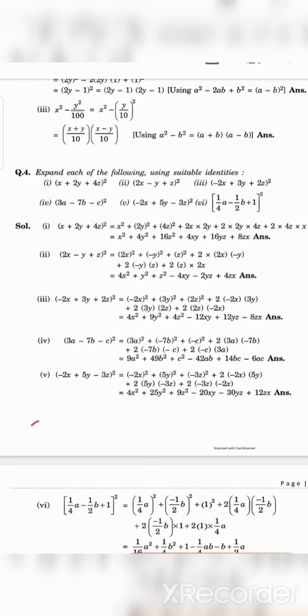Now comparing, we get a is equal to x, b is equal to 2y, and c is equal to 4z. Substituting all the values in the RHS of the identity, we write x square plus (2y) whole square plus (4z) whole square plus 2 into x into 2y plus 2 into 2y into 4z plus 2 into 4z into x.